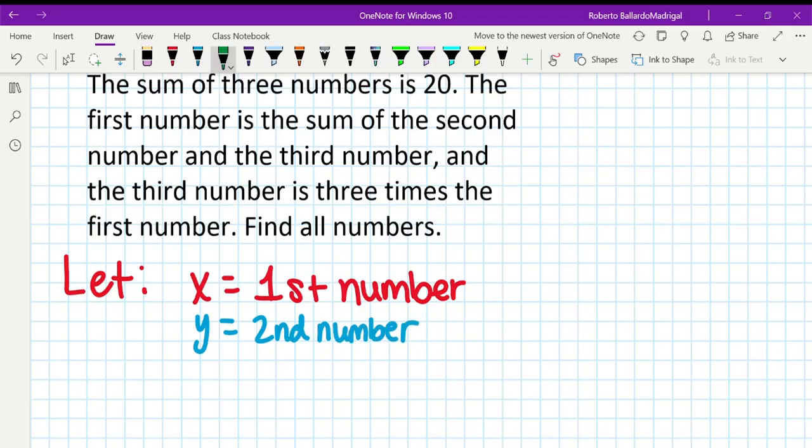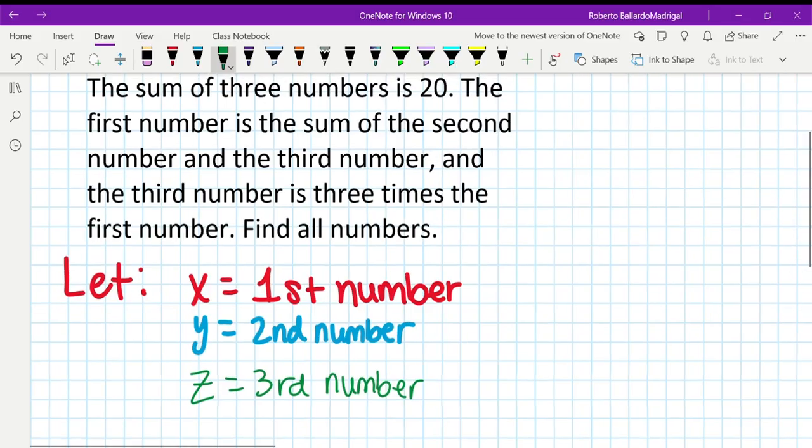And we will let z equal your third number. Okay. So that's the first thing, letting variables represent those ideas or those concepts from the statement that we were given.